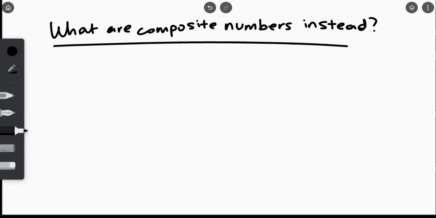Okay, sorry about that. So what are composite numbers instead?